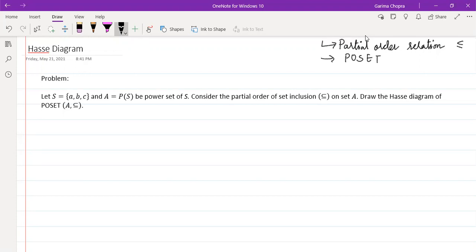Now, what is poset? Poset means partially ordered set. Any set A which is equipped with some partial order relation is said to be poset. Here the set A is poset because it is equipped with some partial order relation. We have discussed some good examples on partial order sets in a live session.